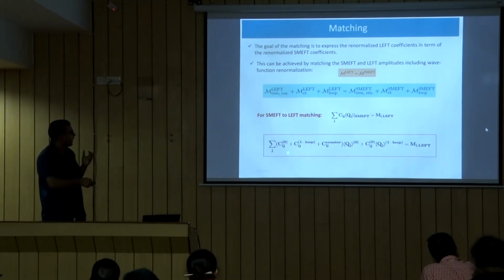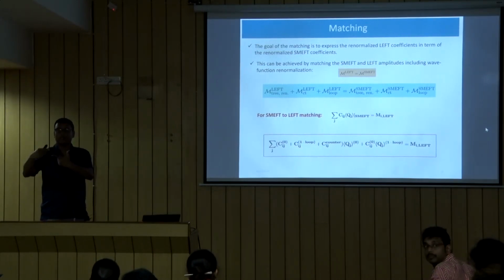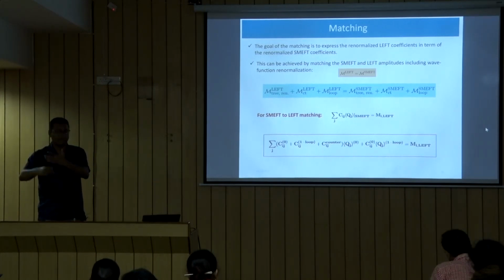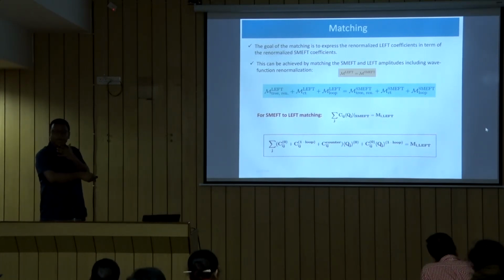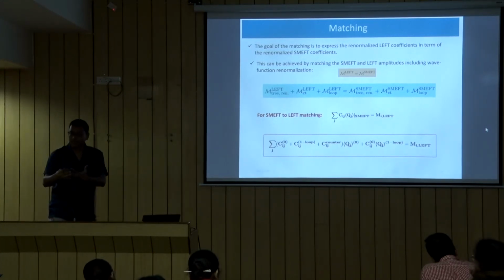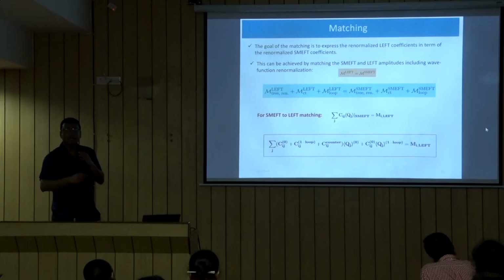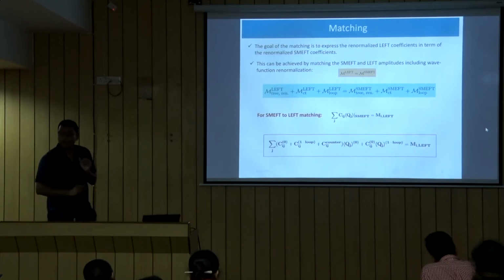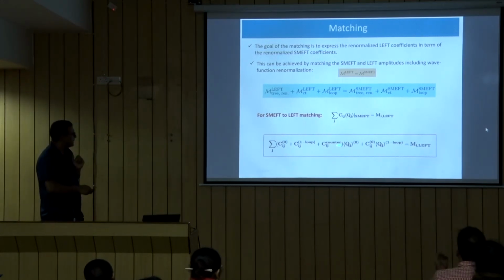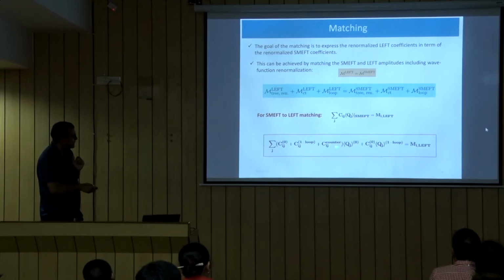That means the contributions from the SMEFT operator that will contribute to LEFT at one loop order, and then you need to add the counter term that should be associated with the tree level operator.